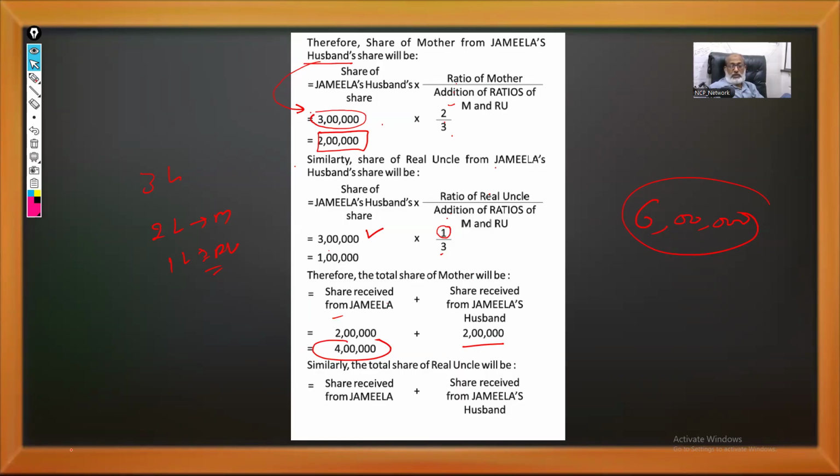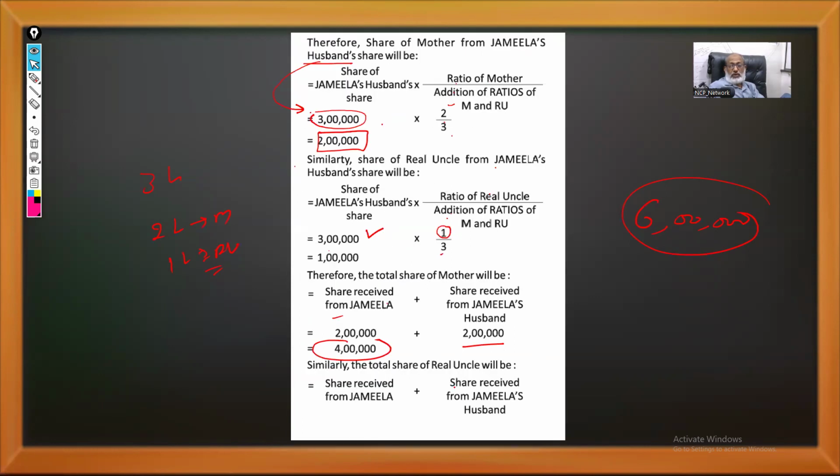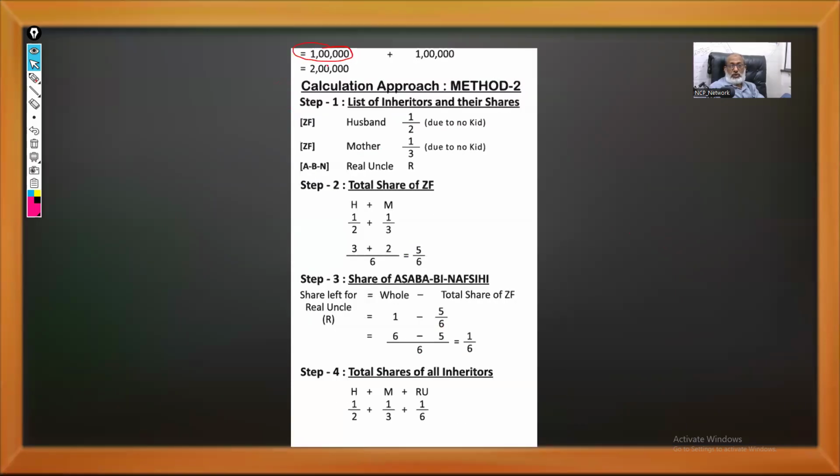Similarly, the uncle is also receiving 1 lakh directly from the deceased, and 1 lakh from the husband of Jamila. So the real uncle is getting 2 lakh rupees. That is the method we calculated first.